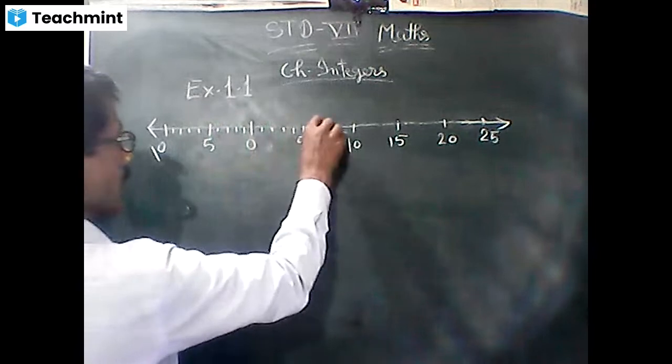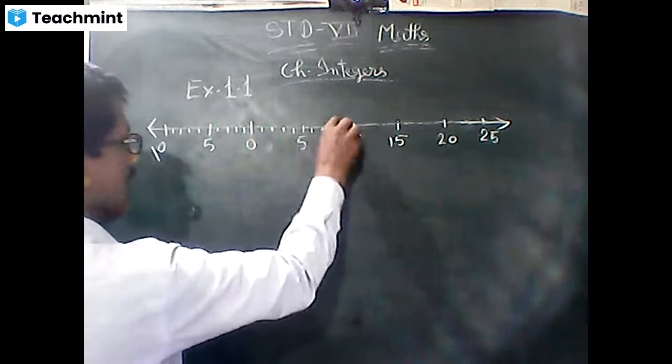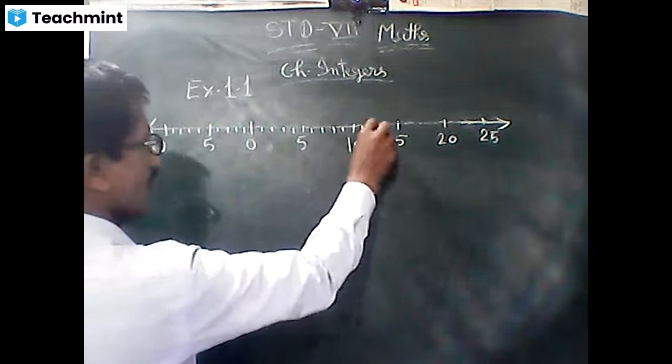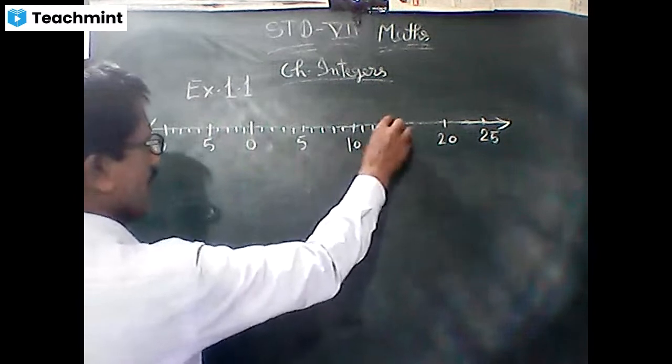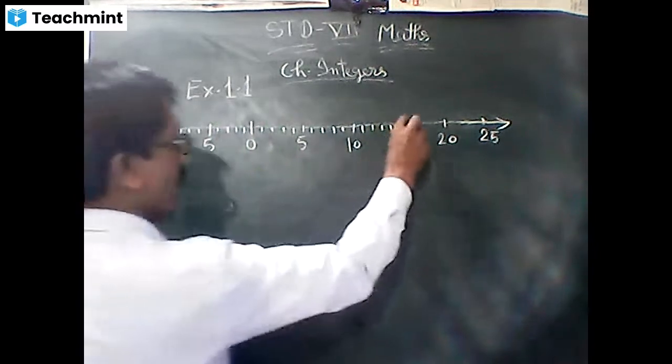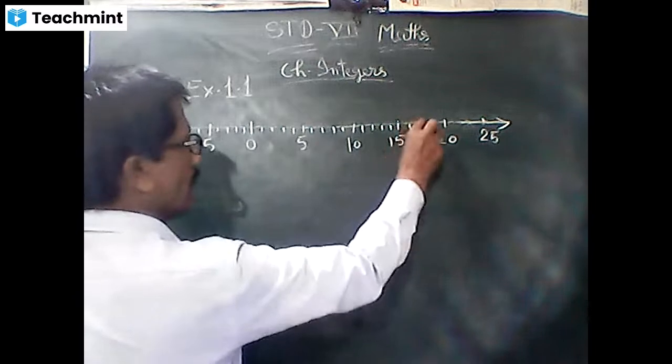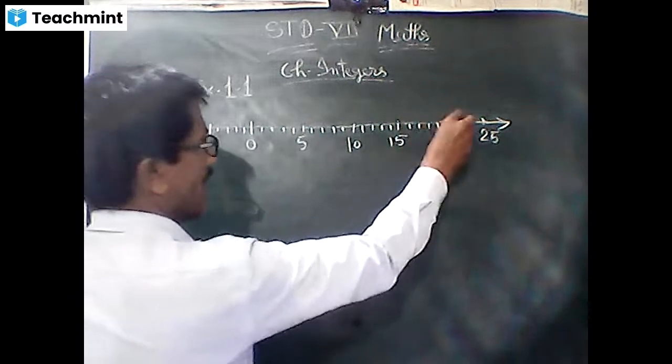So we have to mark them as smaller values. Our main value is divided into 5. So now we have to identify these marks.